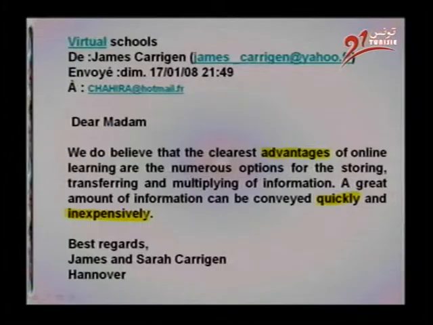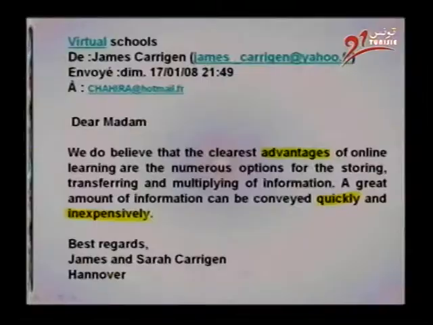When I say inexpensively, it means they are cheap and we don't have to pay too much money to connect to a network and to study in the networking environment. So we can deduce from the words used here that we have a positive attitude. But what's the justification that he relies on to express his opinion?